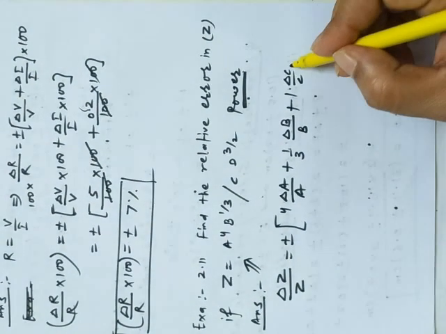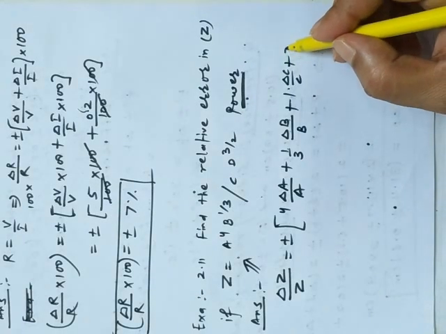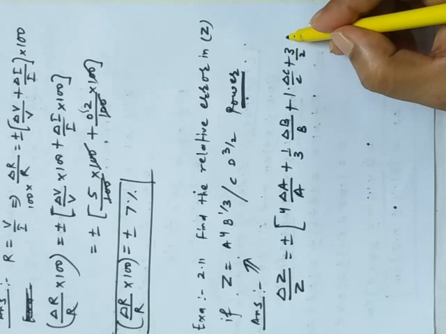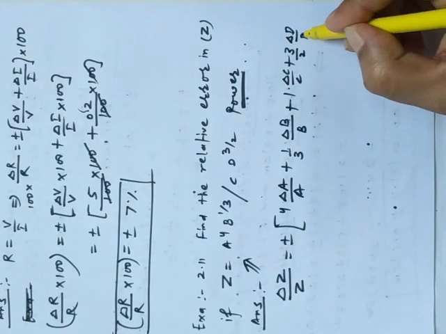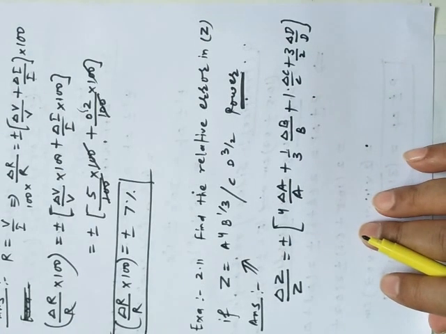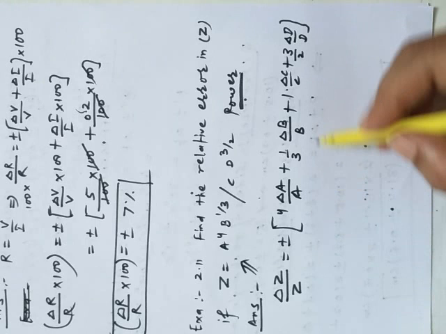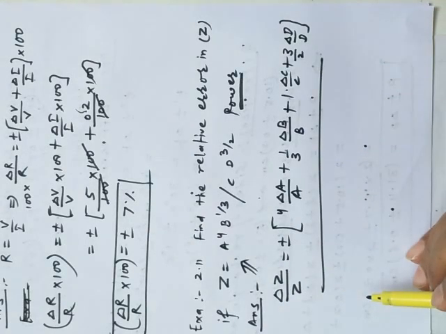Similarly, we take d in the upper part, so we multiply 3 by 2 with delta d upon d. So it's the final representation of the fractional error in Z. So it is a one step answer for this question. This is the type of the power notation question.